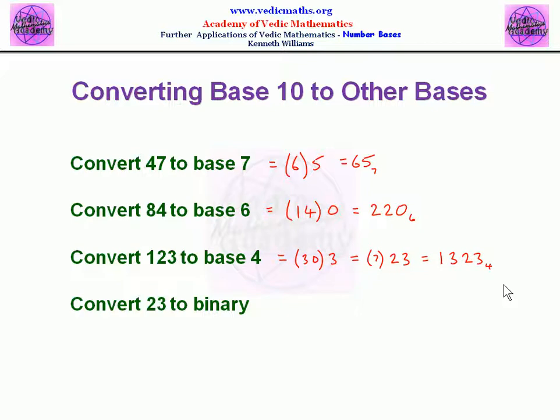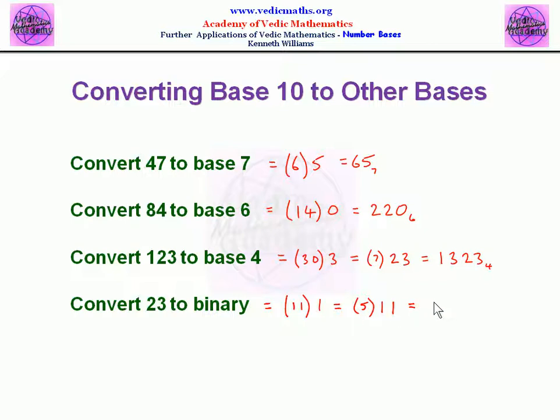And 23 into binary. Binary is base 2, so I'm going to be dividing by 2. 2 into 23, that's 11, remainder 1. Now the 11 has to be divided by 2, which is 5, remainder 1. That's the remainder 1, and that's the 1 from here.